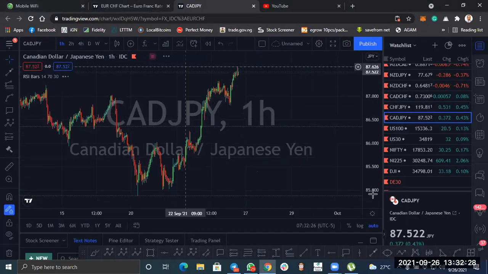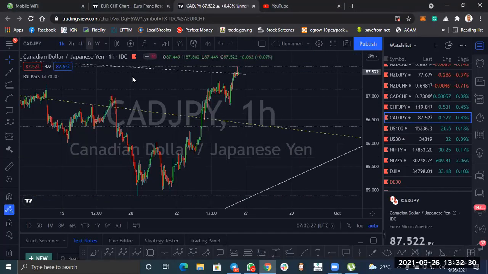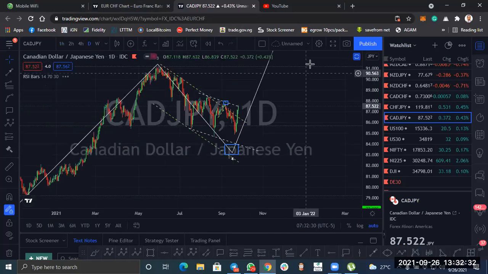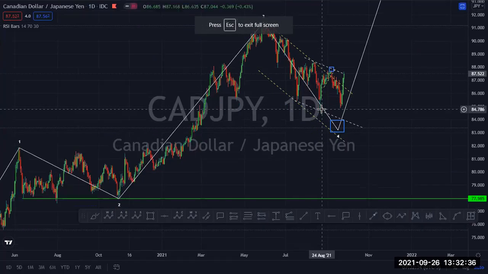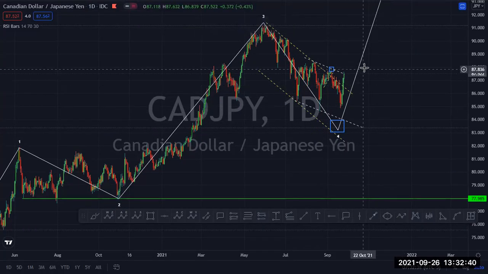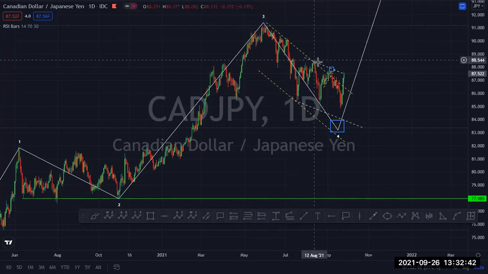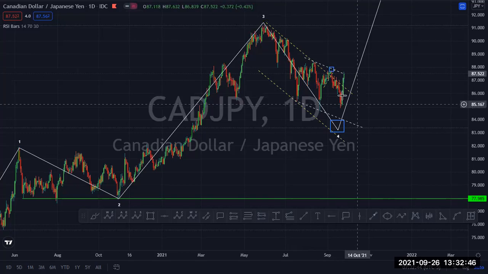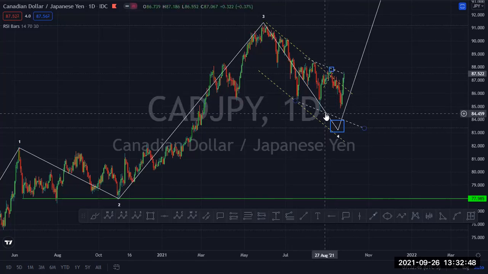That JPY is another nice pair to trade. Okay, so here seems to be the end of this correction.